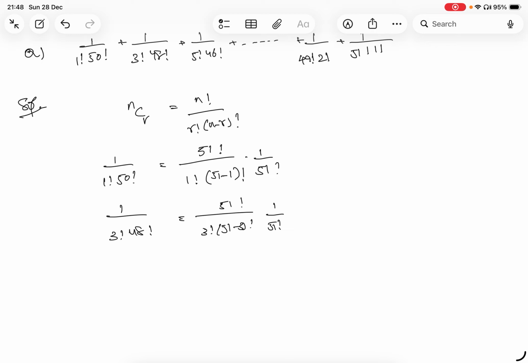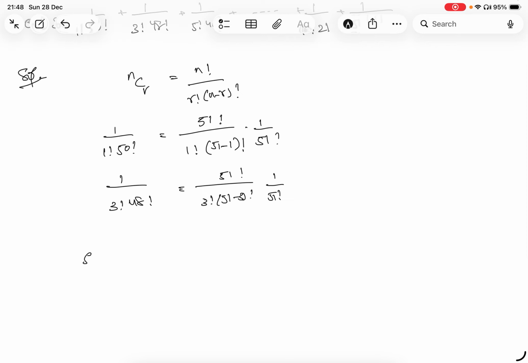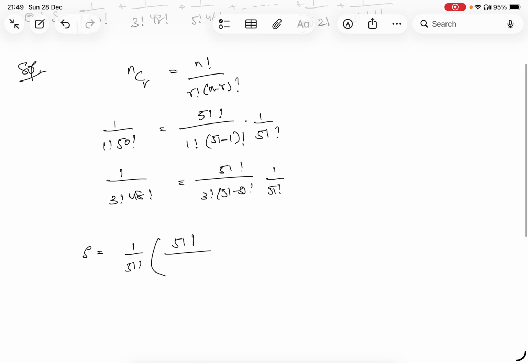Let us assume this summation as S. Now S becomes, if you add all these terms, 1 by 51 factorial into 51 factorial by 1 factorial into 51 minus 1 factorial, plus 51 factorial by 3 factorial into 51 minus 3 factorial, plus and so on.